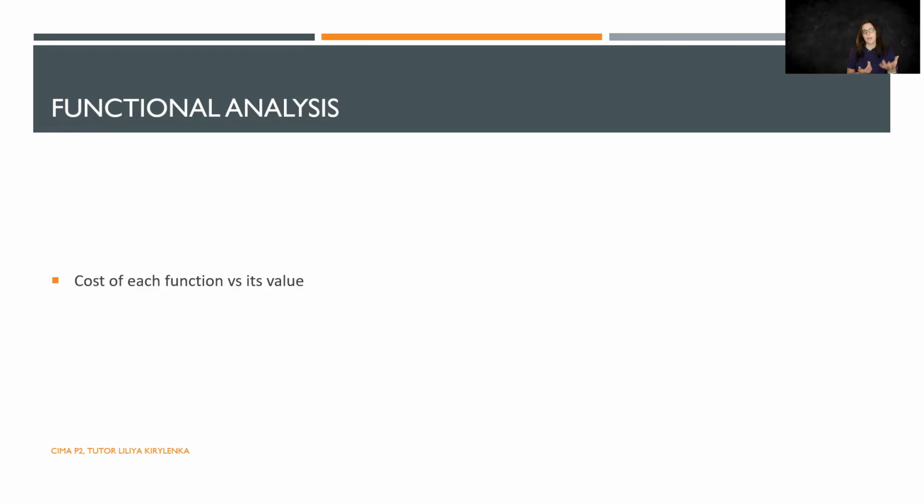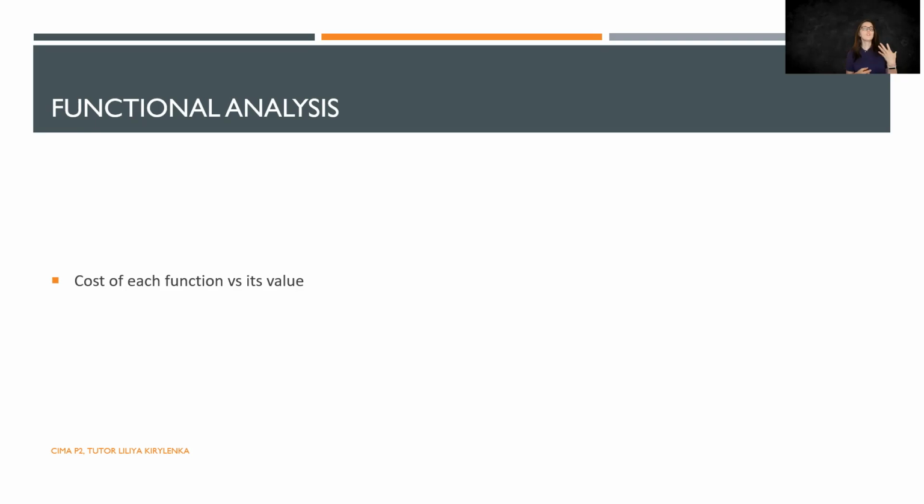For example, when we talk about battery, it gives the value to the customer of being able to use this phone more. So what will be the cost for us to produce a battery that would support, let's say, 10 hours long video browsing on your phone? What would be the cost of making the battery that will be able to support not 10, but 12 hours of active usage of the phone?